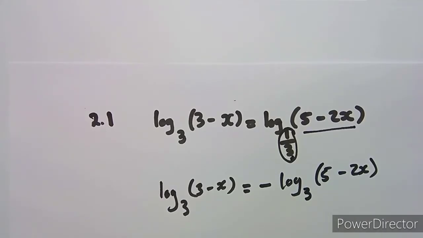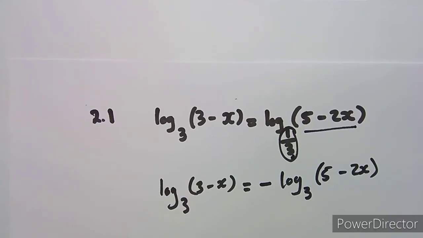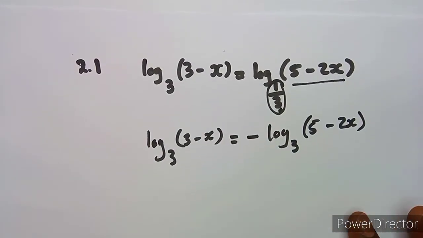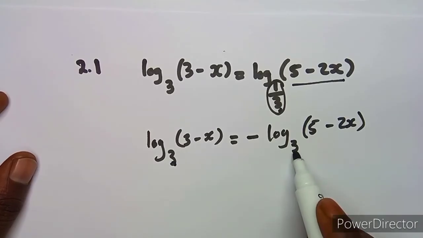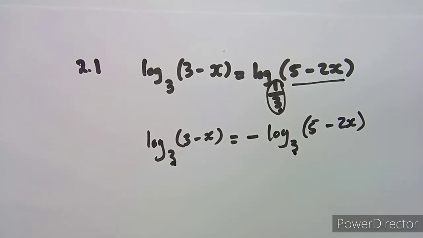So yes, it seems like we haven't done anything by just rewriting to this, but we have done a greater thing, because now we are given the same bases, which is base 3 and base 3, which means we can actually temper or play around with the question. So how can we play around with the question?